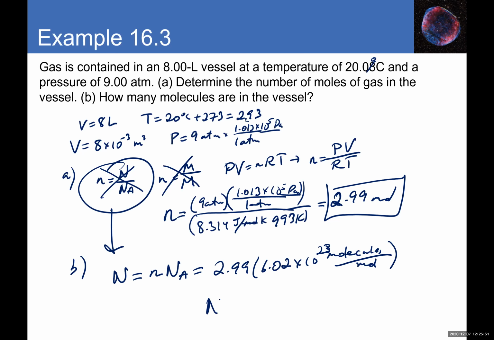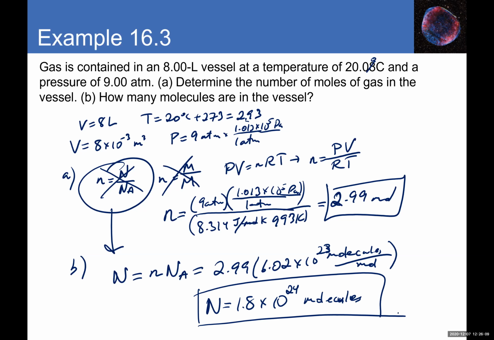Then N is equal to 1.8 times 10 to the 24 molecules. Okay, so they have 1.8 times 10 to the 24 molecules, which is basically equivalent to 2.99 mole. So this is basically how to find the number of moles and then use that to find the number of molecules.